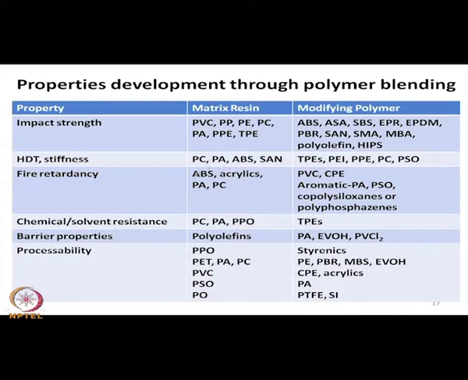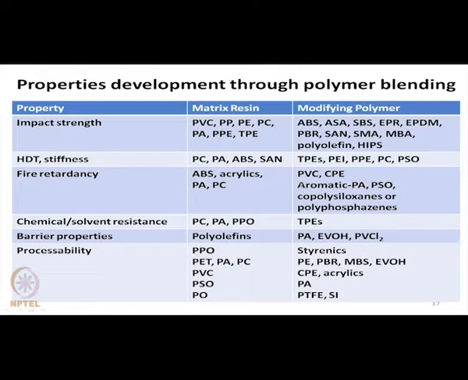So, in order to make them resistant to fire or fireproof, or to improve fire retardancy, one can mix ABS with PVC, or ABS with chlorinated polyethylene, or ABS with aromatic polyamide, etc., or polysulfone or copolysiloxanes or polyphosphazenes.